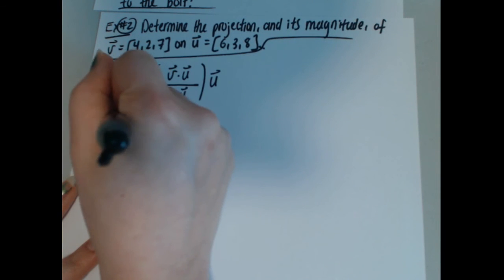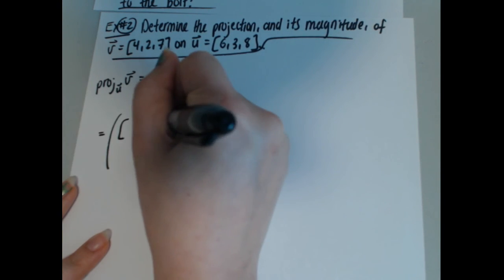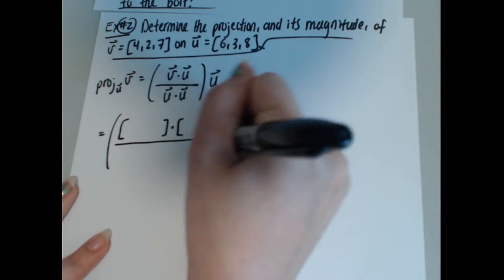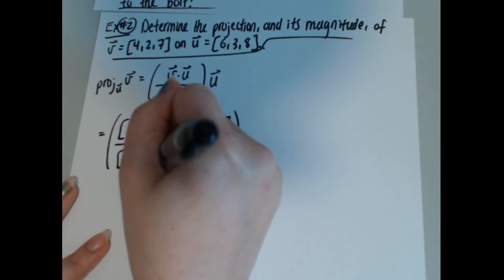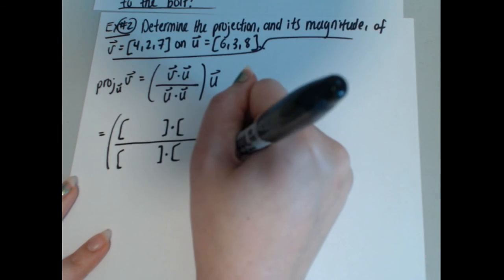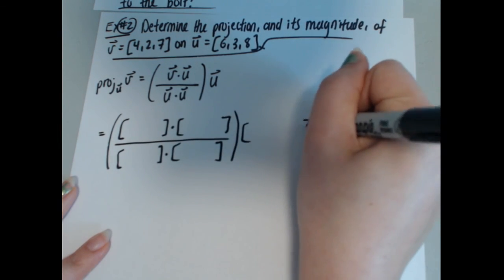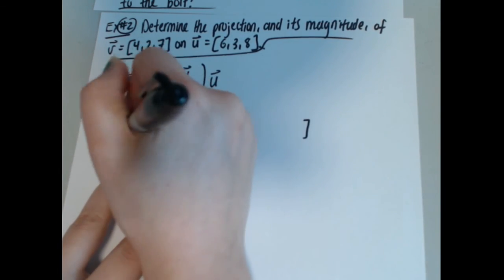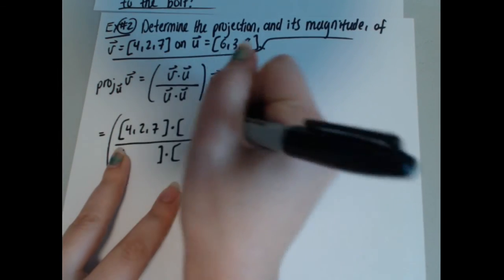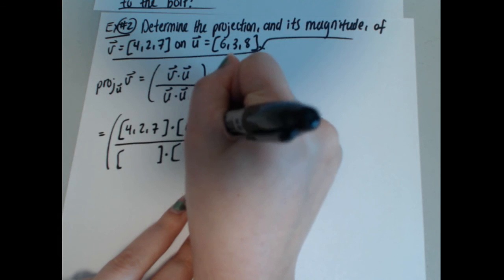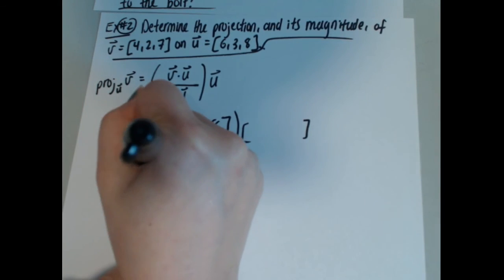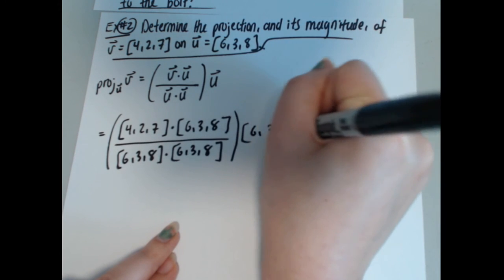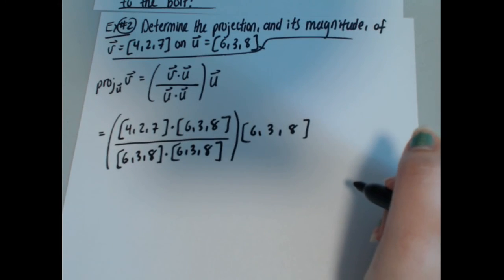So what do we have? Let's take a look. I've got vector v dotted with vector u all over u dot u, and this is times u. Okay, so v is 4, 2, 7, u is 6, 3, 8, and I also put 6, 3, 8 here, and here. All right.